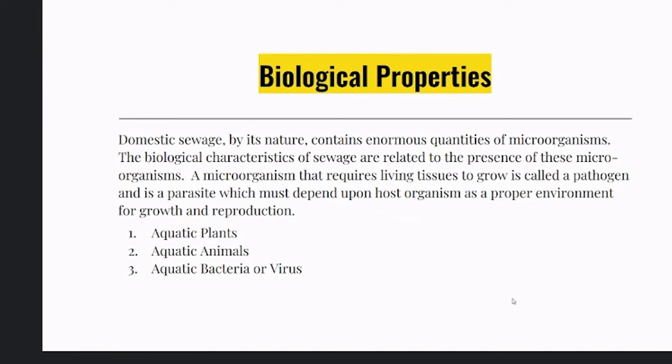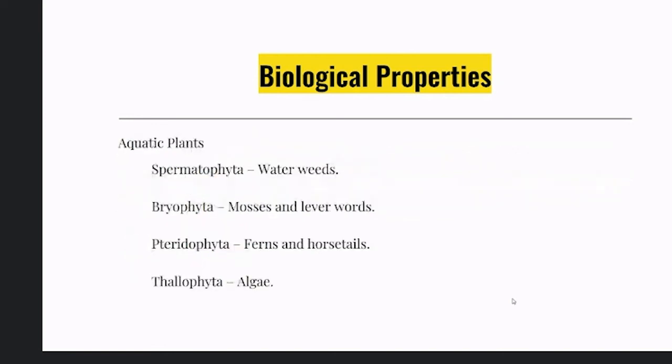So, next, ito po yung example ng mga aquatic plants na makikita natin sa mga wastewater. Spermatophyta or water weeds, Bryophyta, mosses or liverworts, Pteridophyta, ferns and horsetails, Thallophyta or algae.